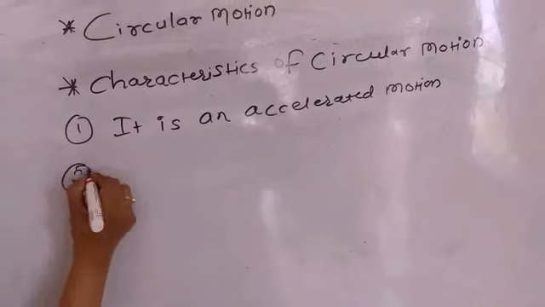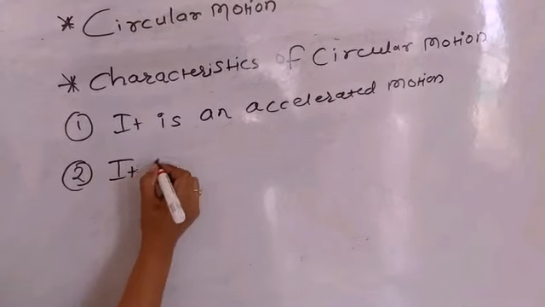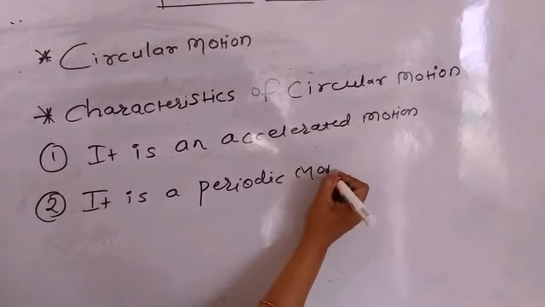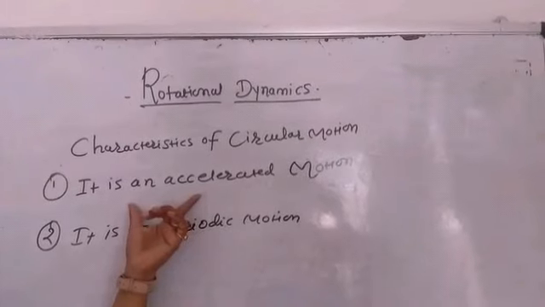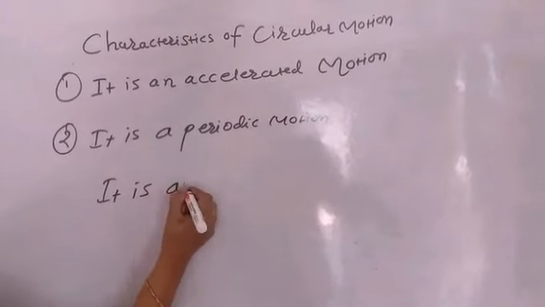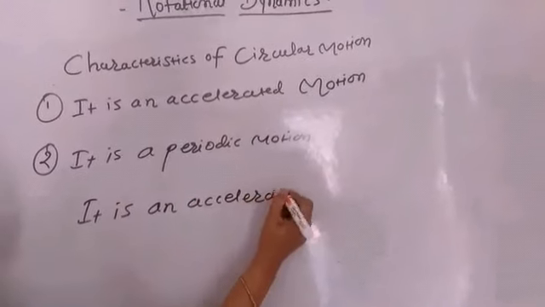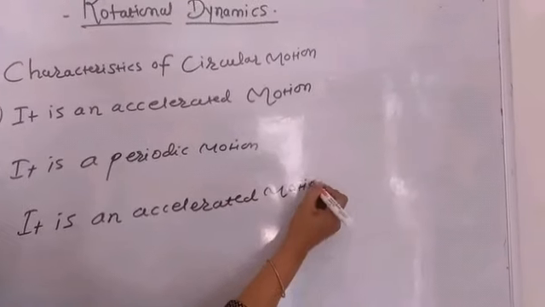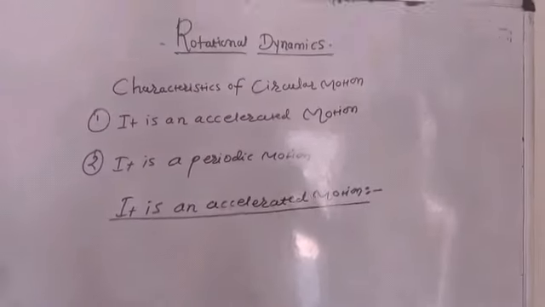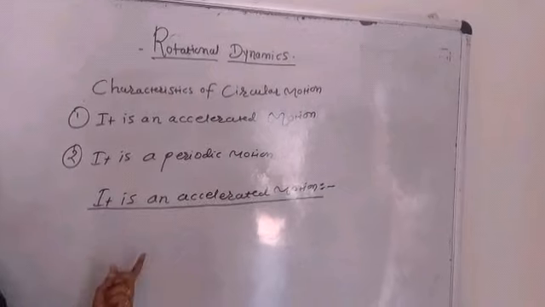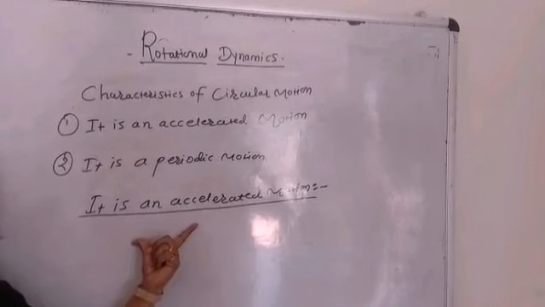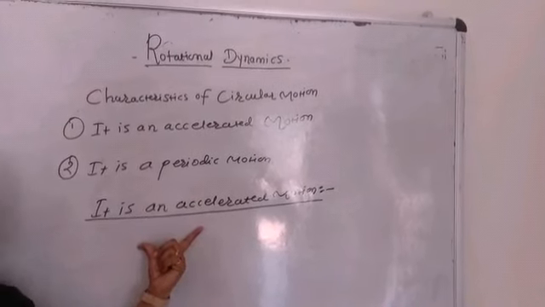And the second characteristic is that it is a periodic motion. First characteristic: how is it an accelerated motion? Accelerated motion means, as the direction of velocity changes at every instant, it is an accelerated motion.